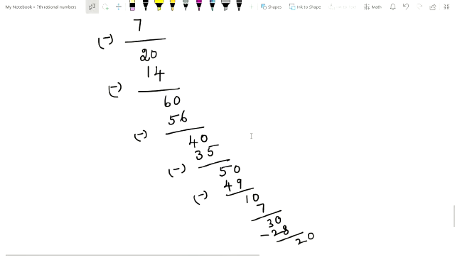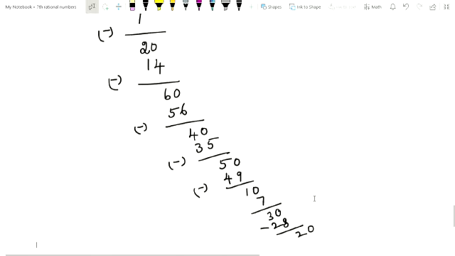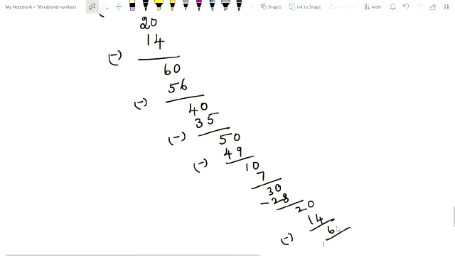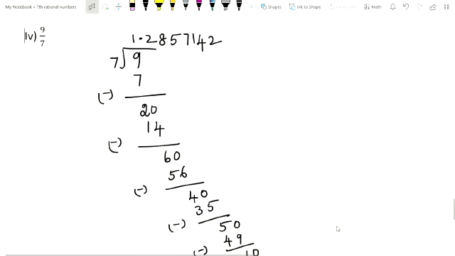In 20, how many sevens are there? 2 sevens are 14. Subtract this, what will you get? 6. So the same step is going to repeat. It goes on repeatedly, so this is a recurring decimal. So you can stop that. So what is the answer you are getting, children? 1.285714.